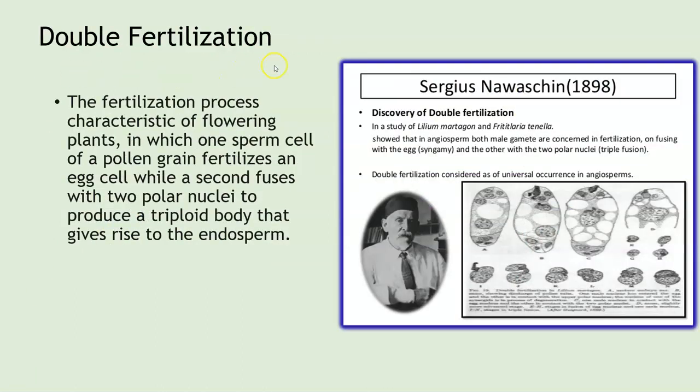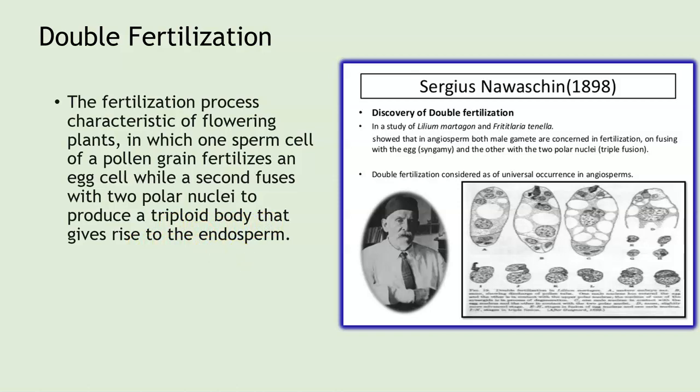Students, let us now have a look at the process of double fertilization. Now, what is double fertilization? The fertilization process characteristic of flowering plants in which one sperm cell of the pollen grain fertilizes an egg cell while a second one fuses with the two polar nuclei to produce a triploid body that gives rise to the endosperm.